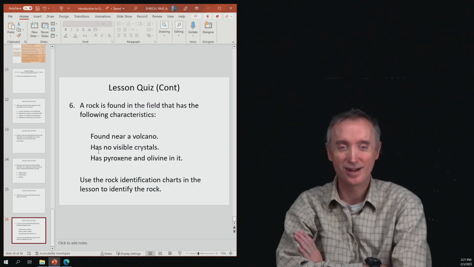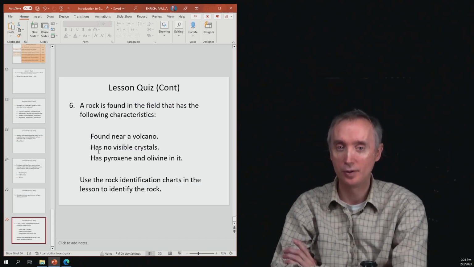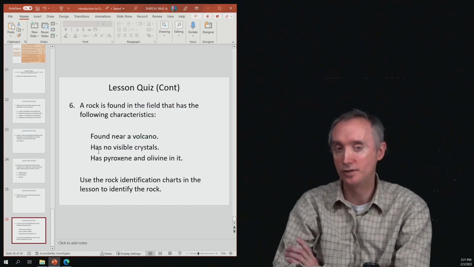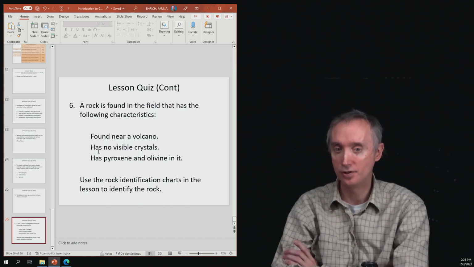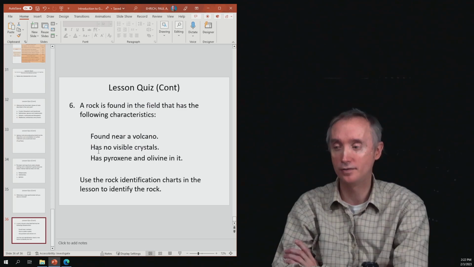At this point, I really don't care if you can't do this, but you should know if it's found near a volcano, there's a good chance it's what kind of rock. Either an igneous rock or a metamorphic, so either of those two. It has no visible crystals in it, and it has pyroxene and olivine, so that ends up being basalt. So what we've just identified that rock as being is basalt.